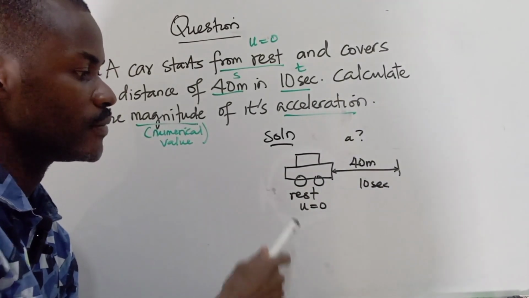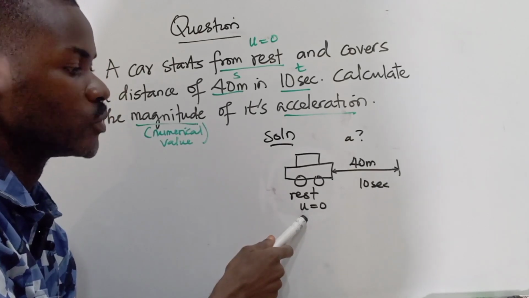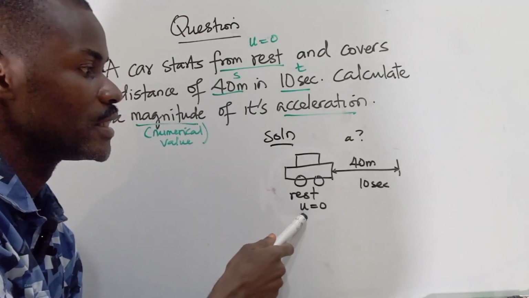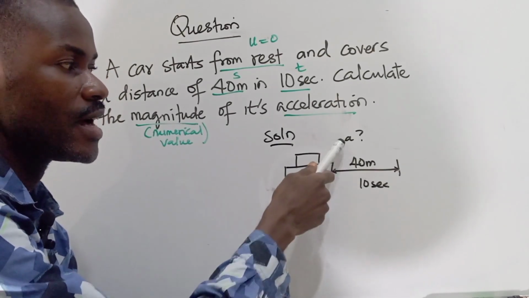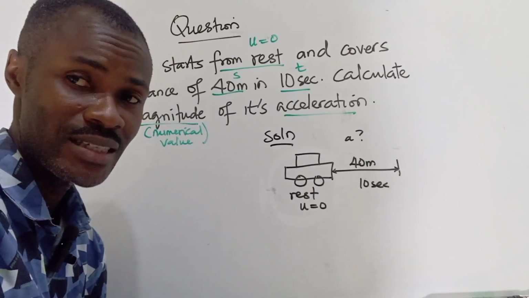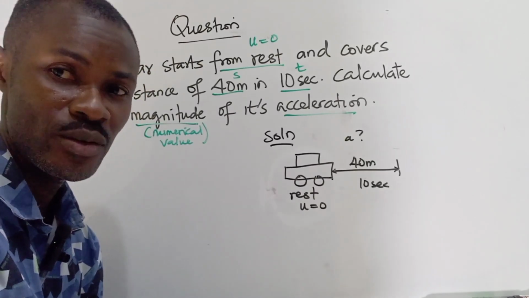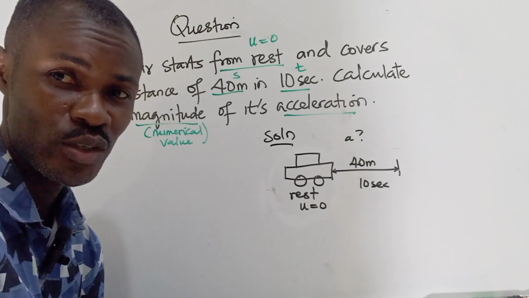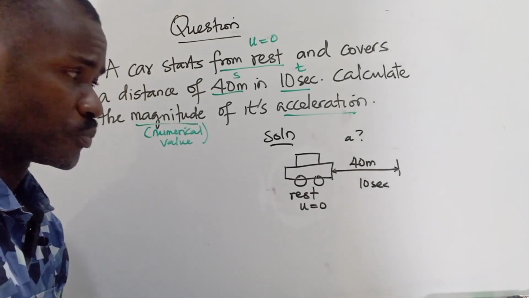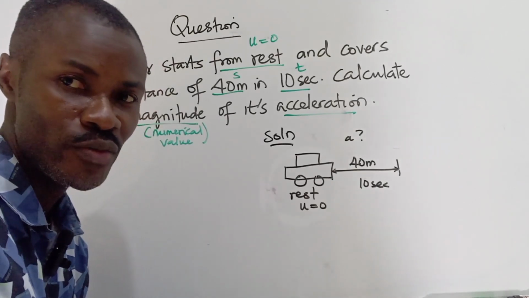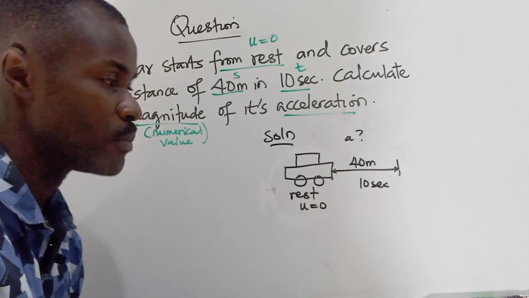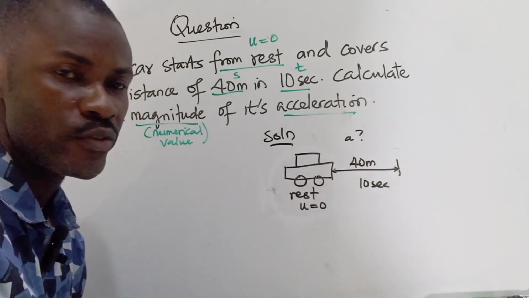Now, since we have u, which is the initial velocity, we have time, we have our distance, and we are also looking for the acceleration. It means we are going to apply the equations of motion. So now let's write out the equations of motion and look for the right one to apply with the given information.